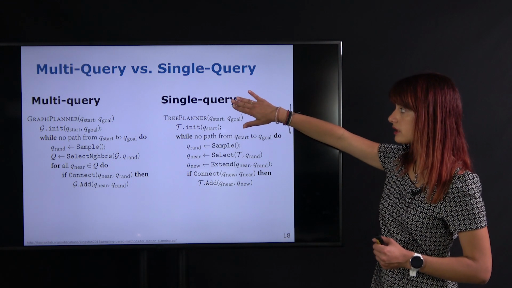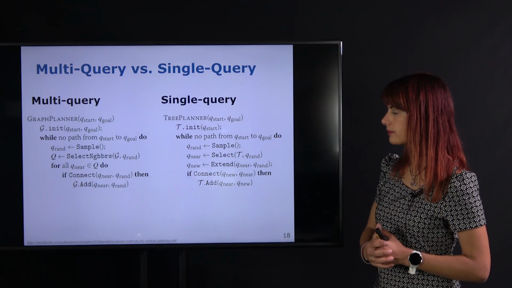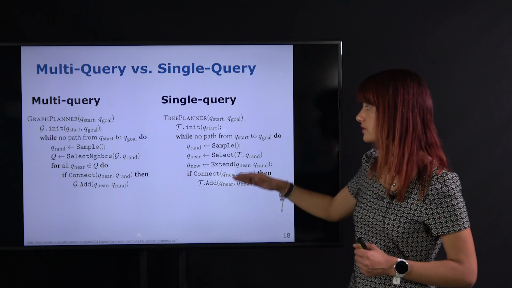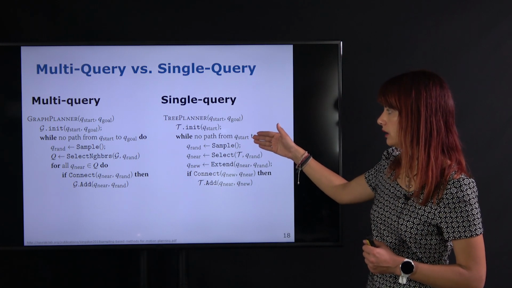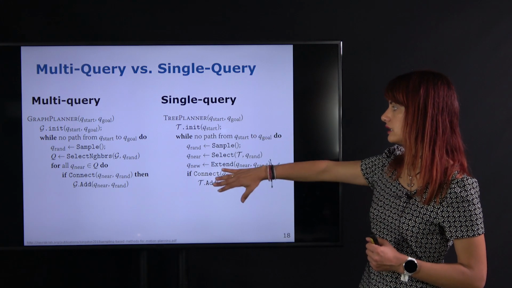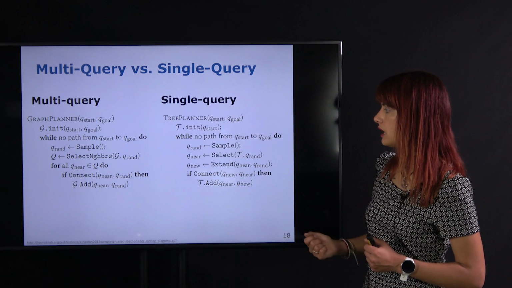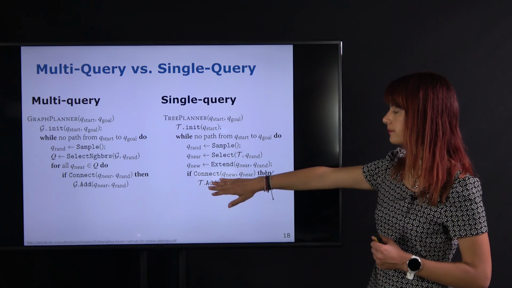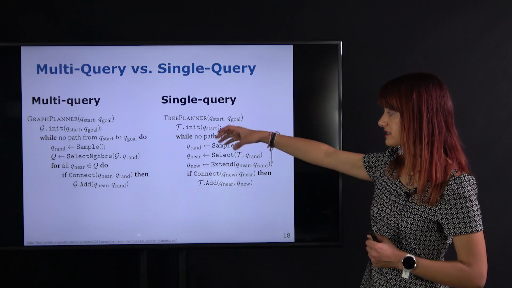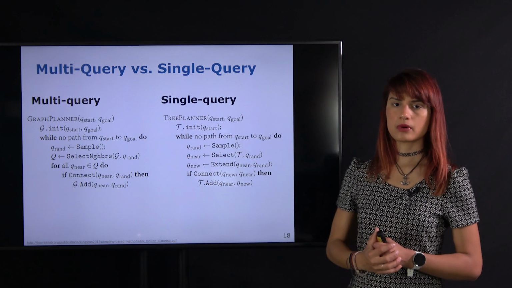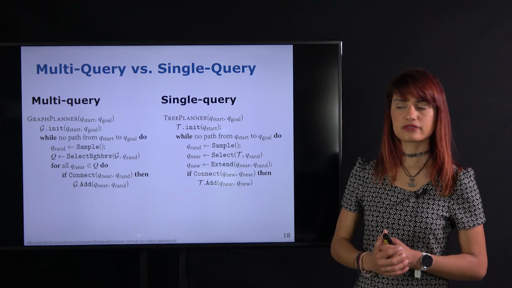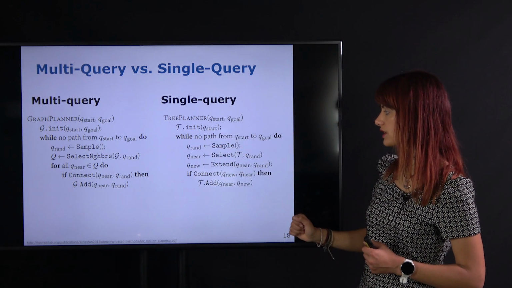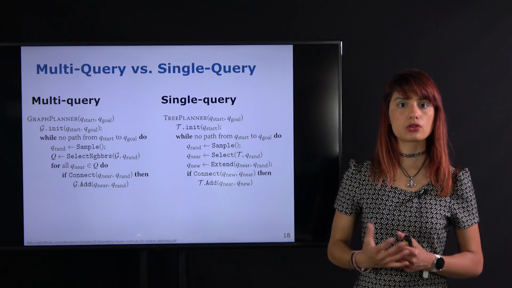A single query, tree-based planner, on the other hand, operates in an incremental fashion. So over here we also sample, and then we extend the tree in some direction towards the sample, and we make this more concrete soon when we discuss particular algorithms. We extend the tree in that direction and then form a connection if the path is feasible between the new connection based on the sampled configuration and the existing closest node in the tree.